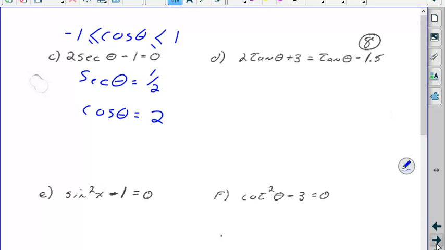If I punch in inverse cosine of 2, actually please punch in inverse cosine of 2. You get an error, right? So, in this case, we have no solution.